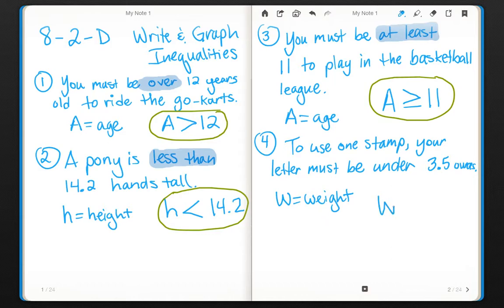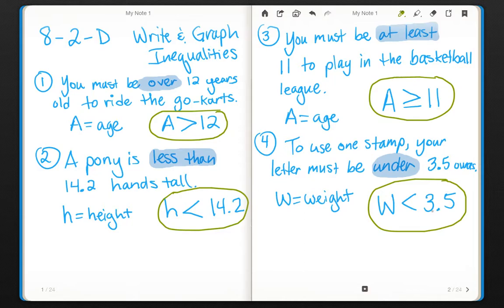So we start out with our variable. W for weight must be under 3.5. So hopefully the phrase that you underlined is that word under. And so what inequality do you think means under? Less than would be under, because it can be less than 3.5 would be under that amount.